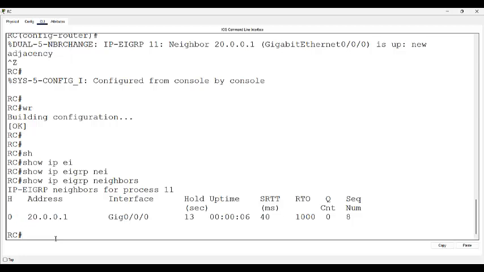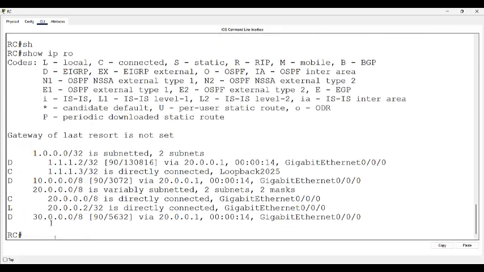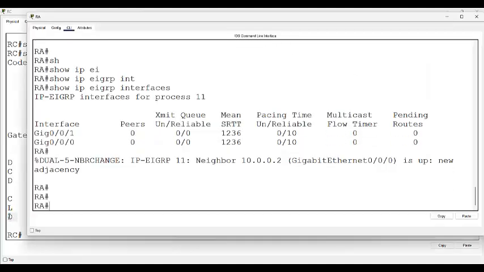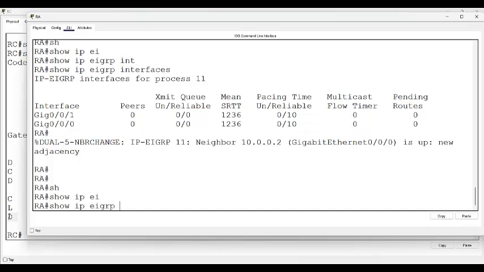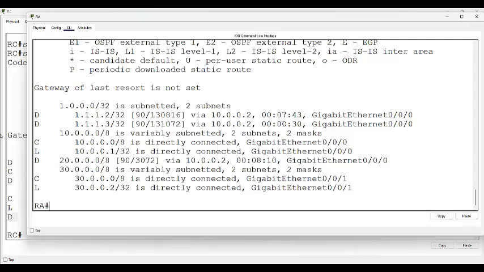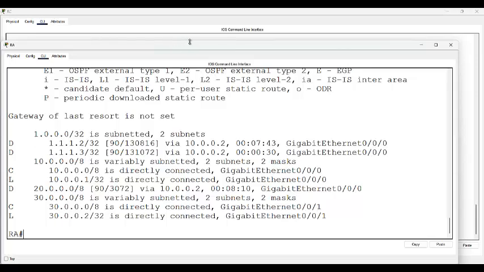And let's check the routing table. Show IP route. You see, you got the route now, not R, but this time it is D. D means what? Dual algorithm. EIGRP uses what algorithm? Dual algorithm. Show IP route here on router A. Do you see now D instead of R? Yes, sir.